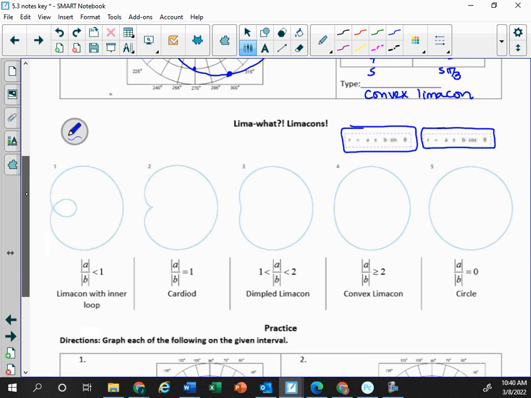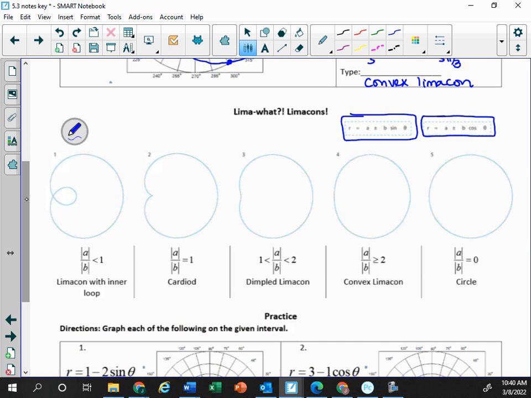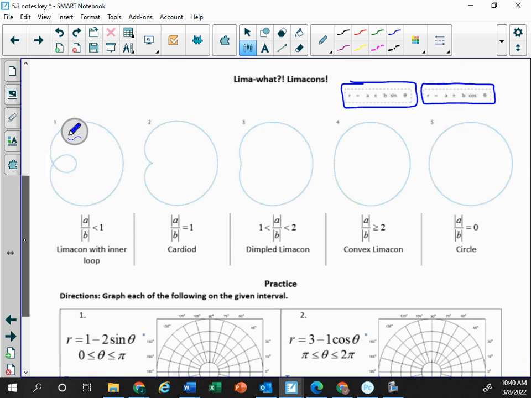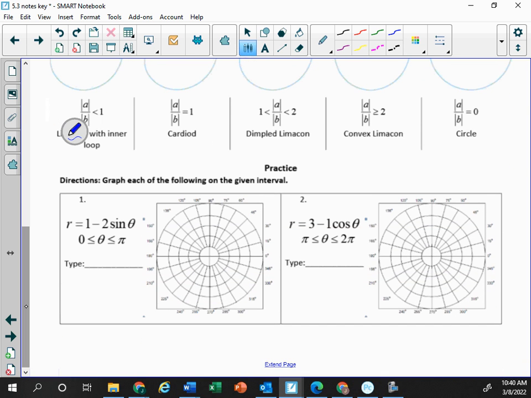All right, so let's try to graph some over a given interval. And obviously with sine, cosine, pluses, minuses, they look different on the graph. So these are going to take a lot more practice for you to get better at identifying where it is and what it looks like, but we'll keep working on them. So number 1 here, we're going to graph it over this specific interval.